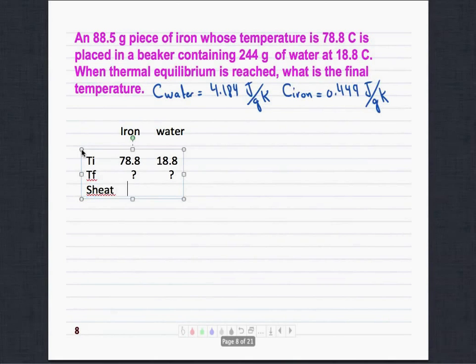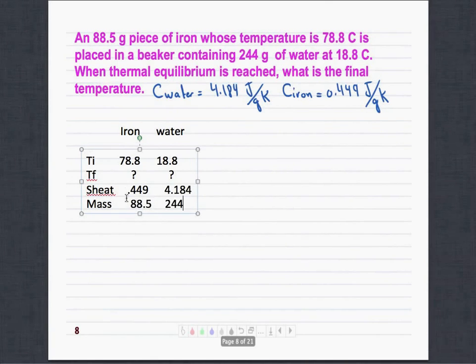So the way that we're going to solve it, we know that Q gained equals minus Q lost. That's our equation, right? So Q gained, the one that gained energy is the water, equals minus Q lost, which is the iron.